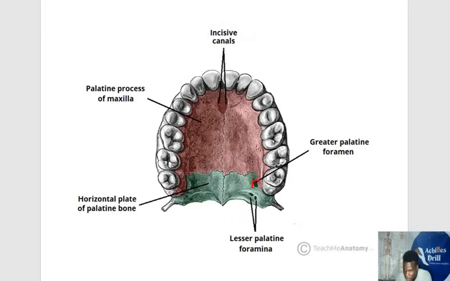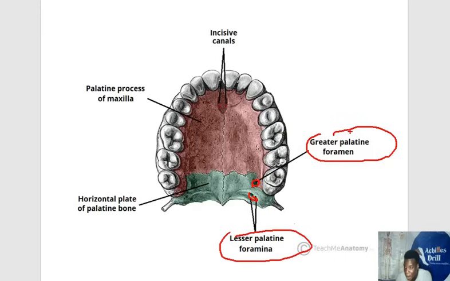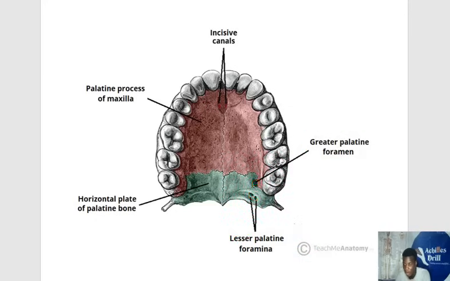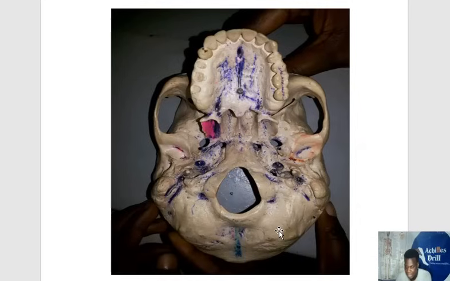This foramen right here is the greater palatine foramen, while there are smaller ones right here called the lesser palatine foramina. They're basically associated with the greater palatine vessels, that is the artery and veins, and then the lesser palatine foramina are associated with the lesser palatine vessels as well. So that's that about that.